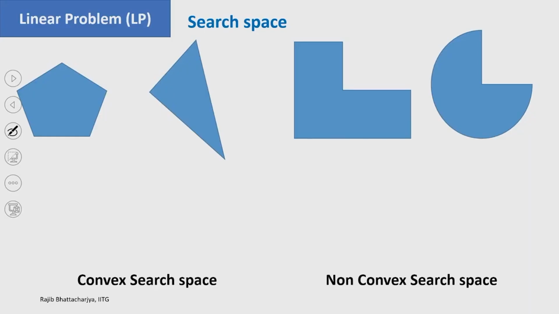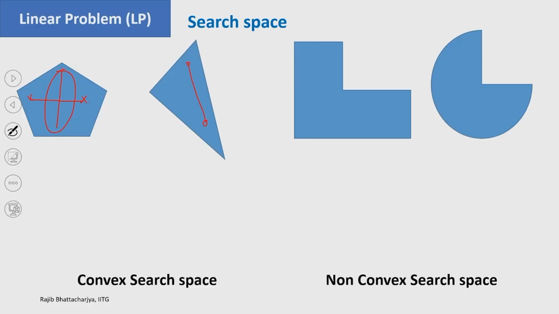Okay. So, for this particular search space, suppose I take any 2 points and draw a line, then whatever points are on this line will be within that search space. So, you take any 2 points within, maybe I can take these 2 points, and all the points are within the search space. Similarly, if I take any 2 points, then this line is within that search space.